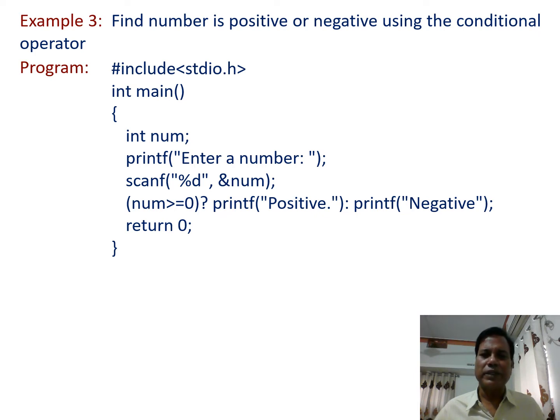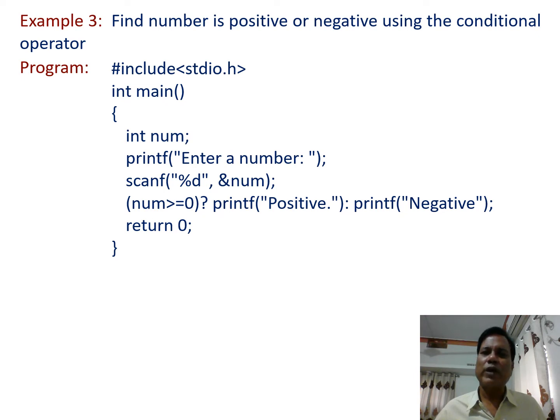If this condition is true, then the expression after the question mark is executed, and we print "positive". If the condition is false, then the part after the colon, that is the false part, is executed and we print "negative".